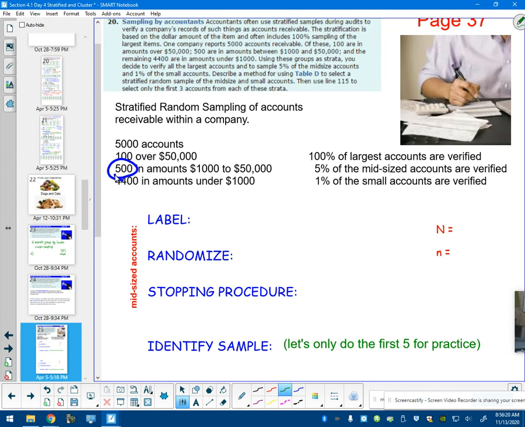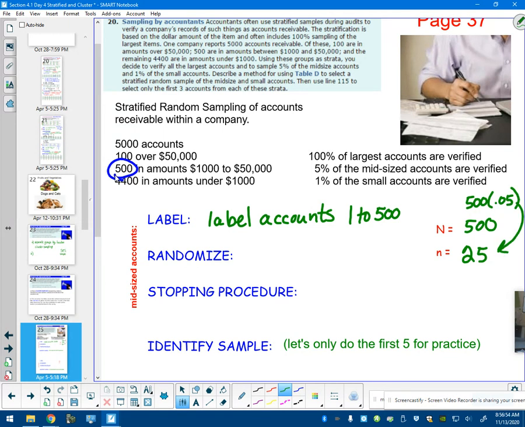No. So this is 500, and if I want to sample 5% of 500, how many am I doing? 25 of those 500. Thank you. How did he get that? 500 times 0.05. That equals 25.